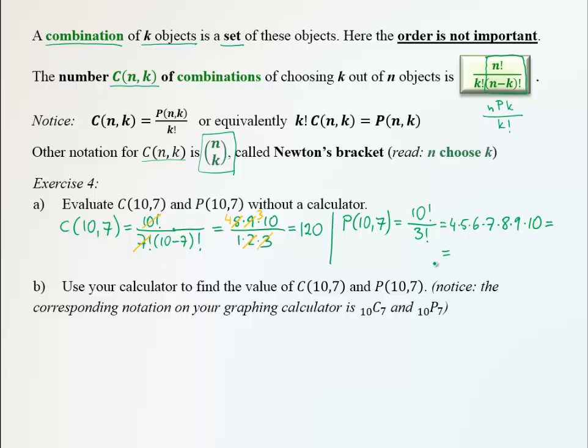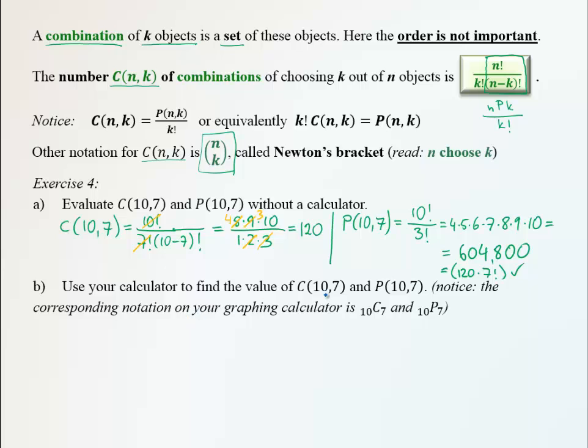And when you use a calculator, that turns out to be 604,800, a lot more than 120. And you can check that this is the same as 120 times 7 factorial. Check using your calculator, it should be the same.